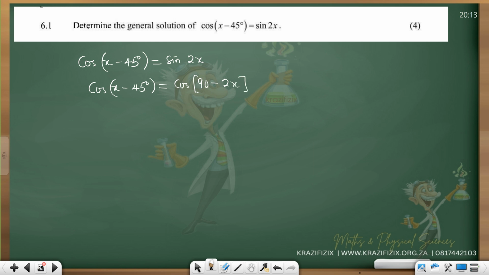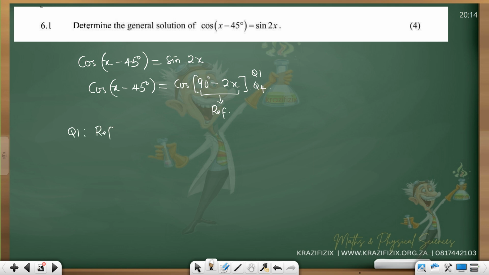90 minus 2x. I changed that. That is the last one I did on Saturday. Co-functions. You can use any one of them. I like to use the one on the right hand side, doesn't matter, as your reference angle. And here we are dealing with cos, which is positive in quadrant 1 and quadrant 4.